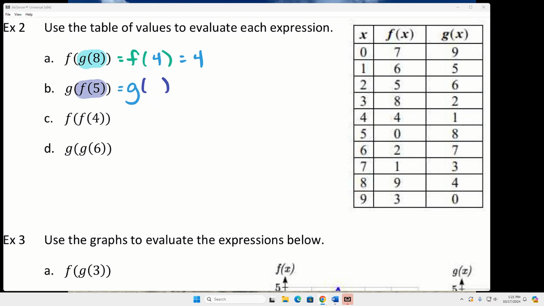So we're going to start with 5 for the x. F of 5 is going to be 0. And then to find g of 0, we go to where x is 0, g of 0 is 9.